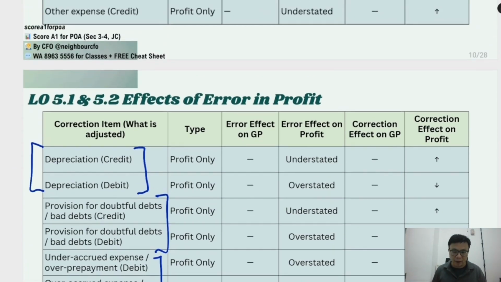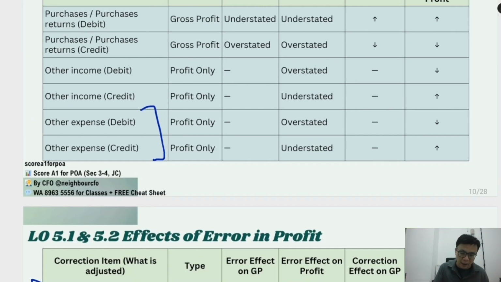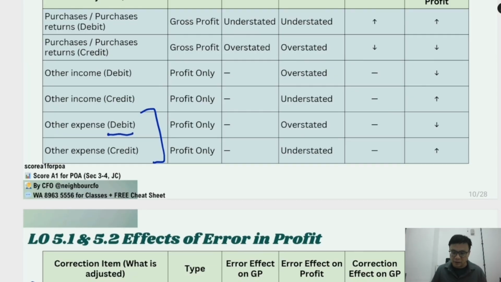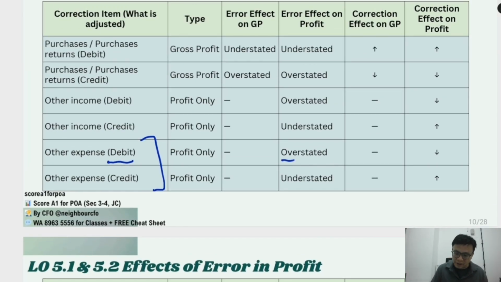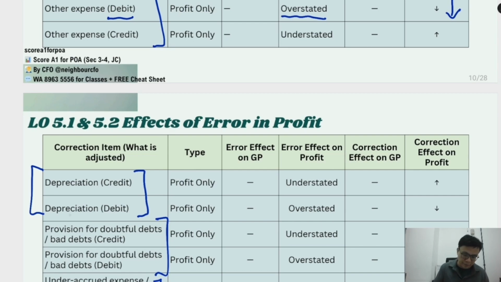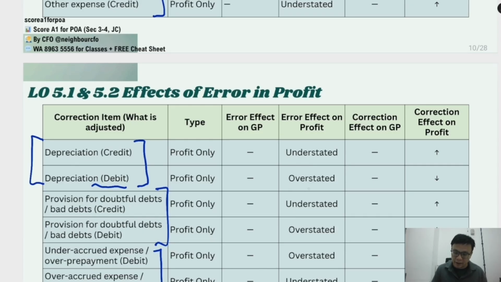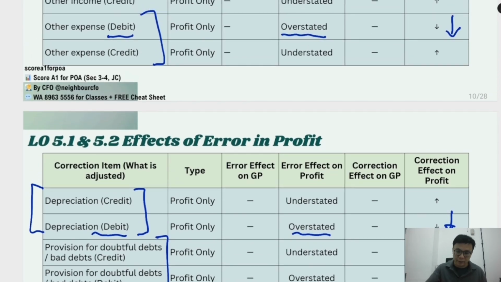And if you refer back to the earlier slide under the other expenses, we say that if we want to do a correction by debiting expenses, the original error of overstating of the profit will now reduce. Same thing, if you look at depreciation over here, if we were to do a debiting, that implies that the initial overstatement of profit will now be reduced. So the effect is the same.